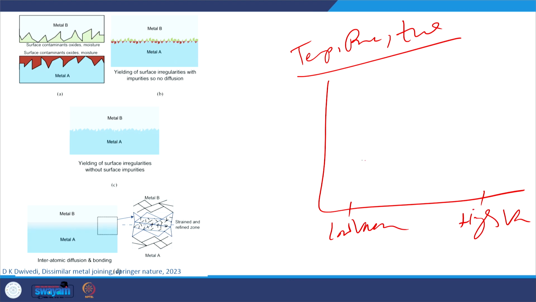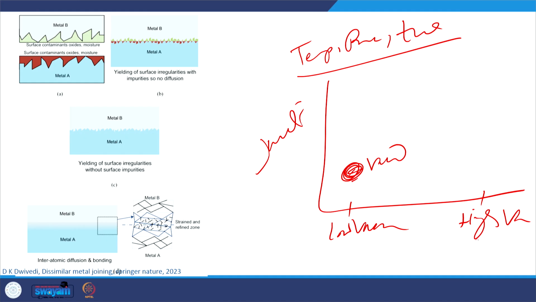So, in case of the low vacuum, there will be a lot of atmospheric gases present in the vacuum chamber, and that can interact with the material at the interface, and these oxides and impurities will resist the diffusion across the interface, and therefore, there will be more voids when the low vacuum is used. The reduced diffusion coefficient, reduced diffusion of the atoms across the interface, will result in significant voids at the interface.